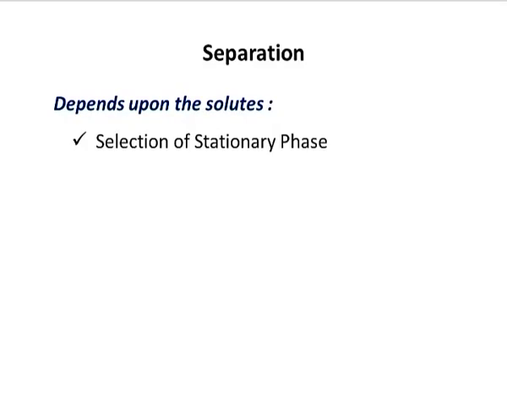What we have seen and understood so far are these two points. First, our separation significantly depends upon the type of stationary phase, and also it significantly depends upon the type of mobile phase.